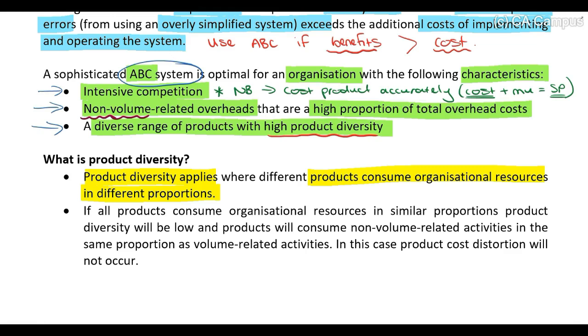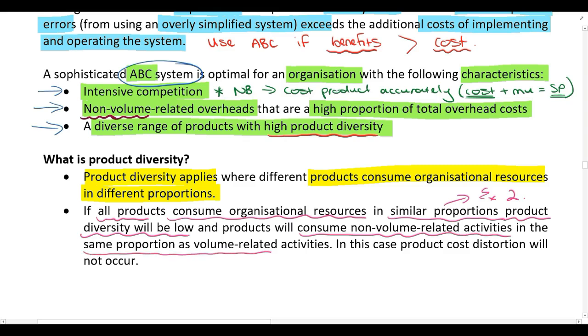If all of the products consume organizational resources in similar proportions, so this is what we now saw in example 2, the 2 products used the resources in similar proportions, product diversity was low, and because of that, you consume non-volume related activities in the same proportion as volume related activities, so cost distortion does not occur.